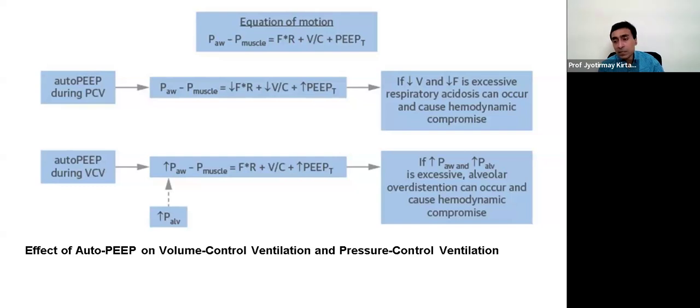Because of the increased transpulmonary pressure and increased transpleural pressure, the right ventricular filling dramatically gets reduced. And also there is compression and squishing of the pulmonary vessels. So the right ventricular preload decreases, right ventricular afterload increases, so the right ventricular output falls.